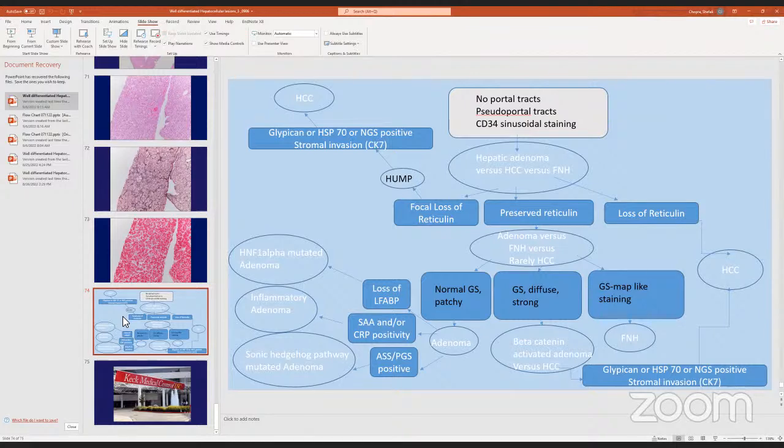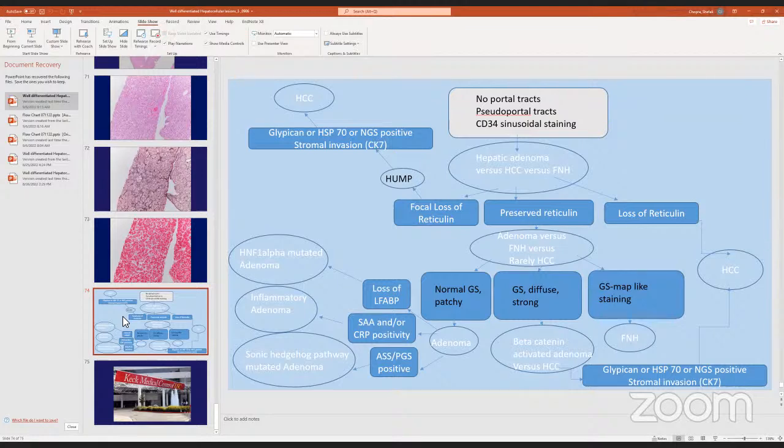Right, thank you. Here's another viewer who wants to know: suppose you have a biopsy that shows a well-differentiated lesion, the radiologist says it's a single lesion, and at the end of all the markers that could be done, one is still not sure. What is your advice on reporting such a case?